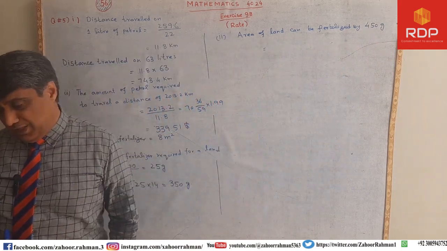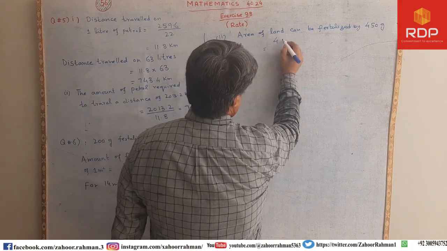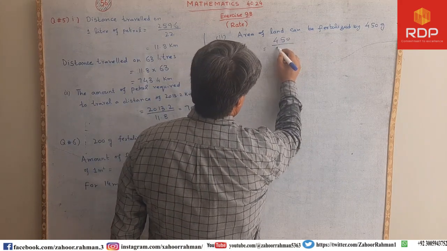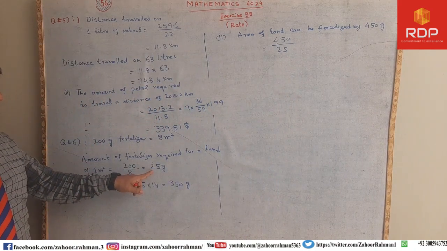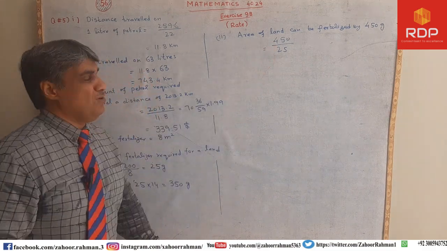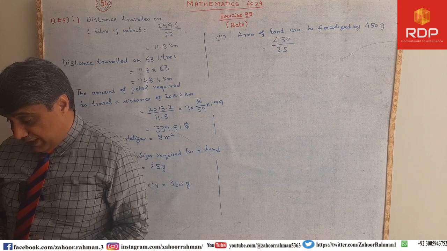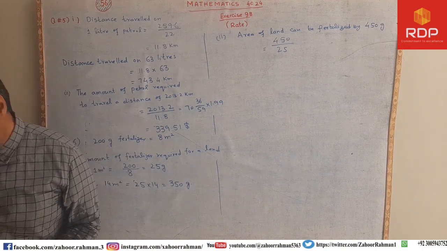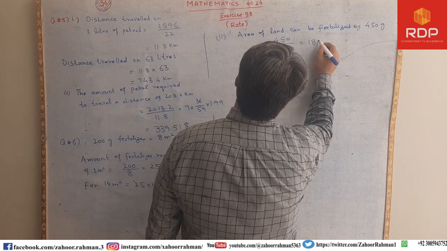We have to divide that 450 by 25, because for 1 meter square we found 25 gram, and there is 450, so it means that we will get 18 meter square.